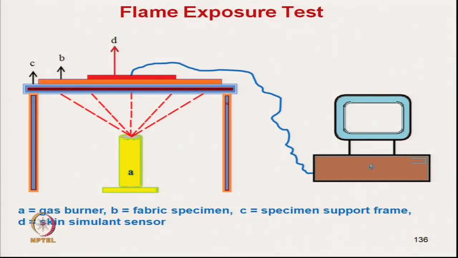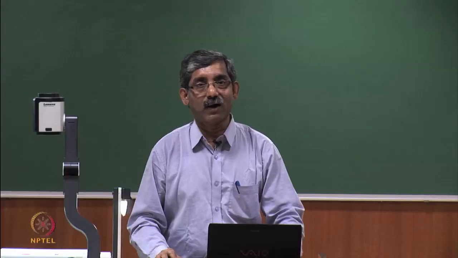There is a heat sensor which represents the human skin. Once the fabric is exposed to the flame, the heat is transmitted through the fabric, and the skin simulant sensor will measure the heat and the time required for second degree burn.